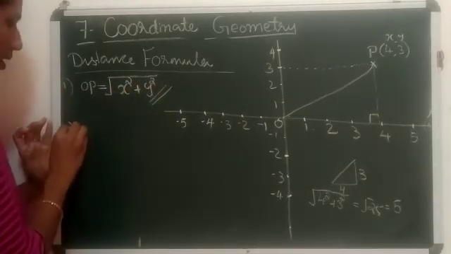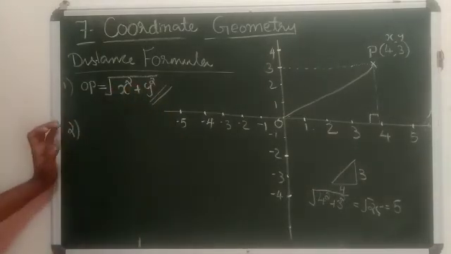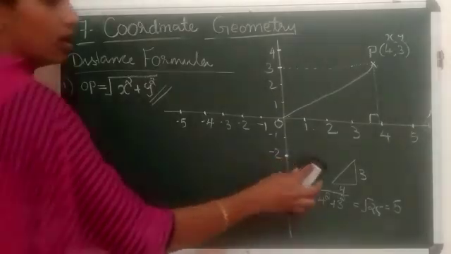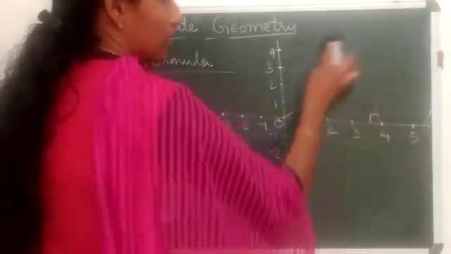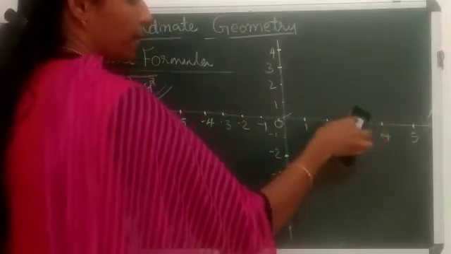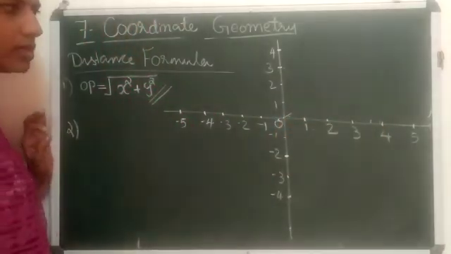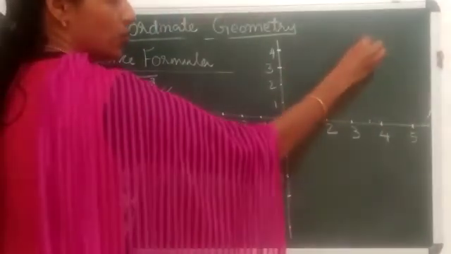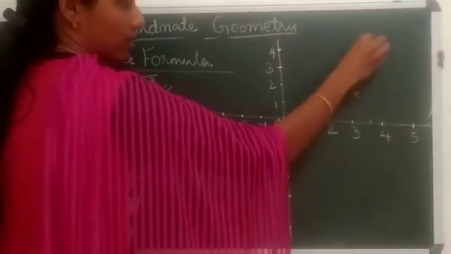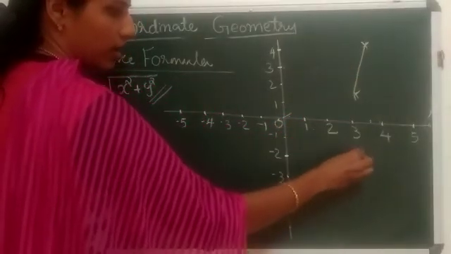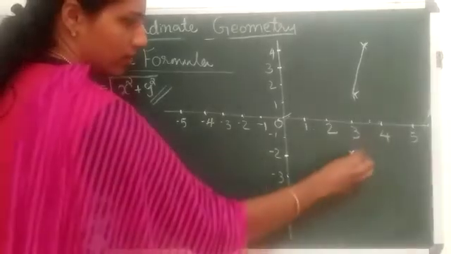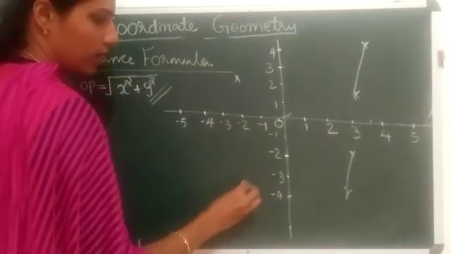Now the second equation is the distance between any 2 points on the plane. Consider 2 points here, this point and this point.